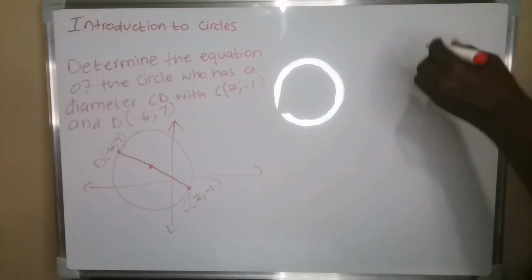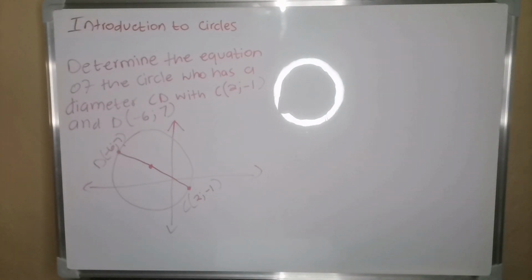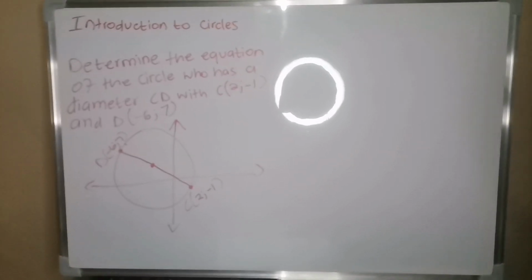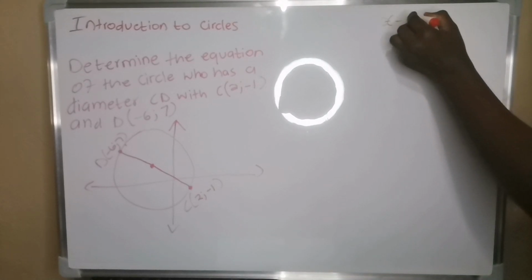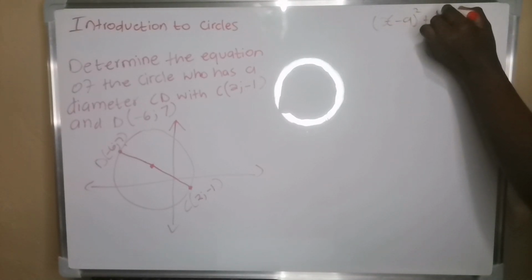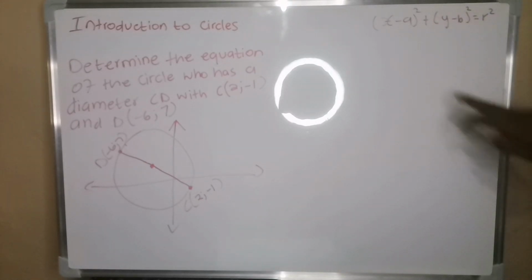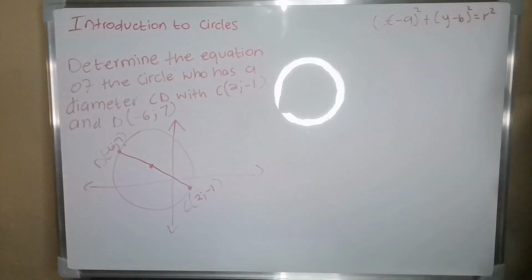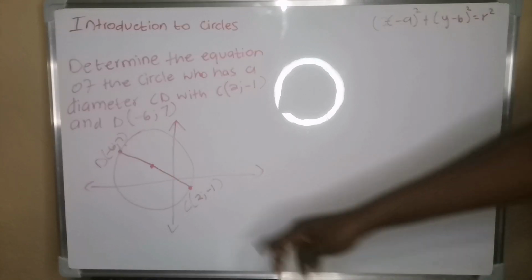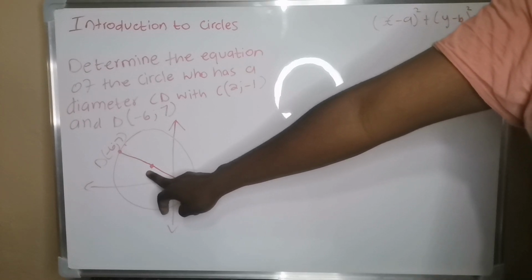So the equation obviously is (x minus a) squared plus (y minus b) squared equal to r squared. So we can find a and b, the coordinates of our center. How can we find the coordinates of our center? Remember, they have shown you on the diagram that this is our center.